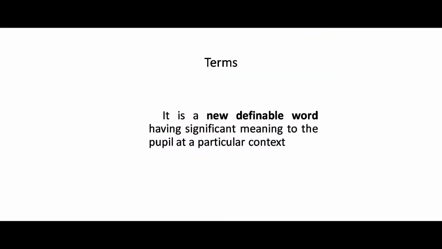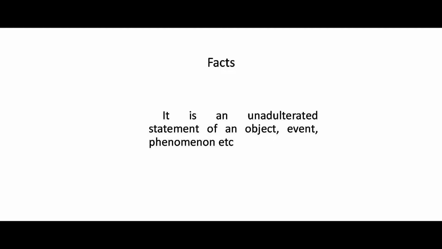Let us see these components one by one. First one is terms. It is a definable word having significant meaning to the people in a particular context. Next is fact. It is the specific verifiable pieces of information obtained through observations.